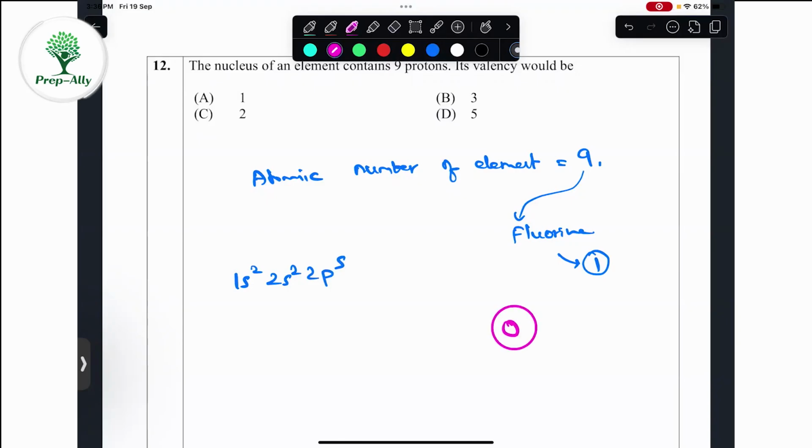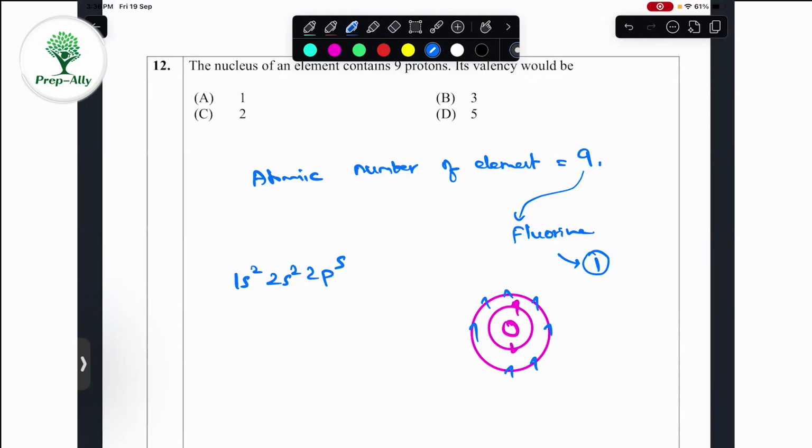which means it has 2 shells. In those 2 shells, I have 2 electrons in the first main shell, and in the second shell, 2 electrons in the s subshell and 5 electrons in the p subshell. 1, 2, 3, 4, 5, 7.